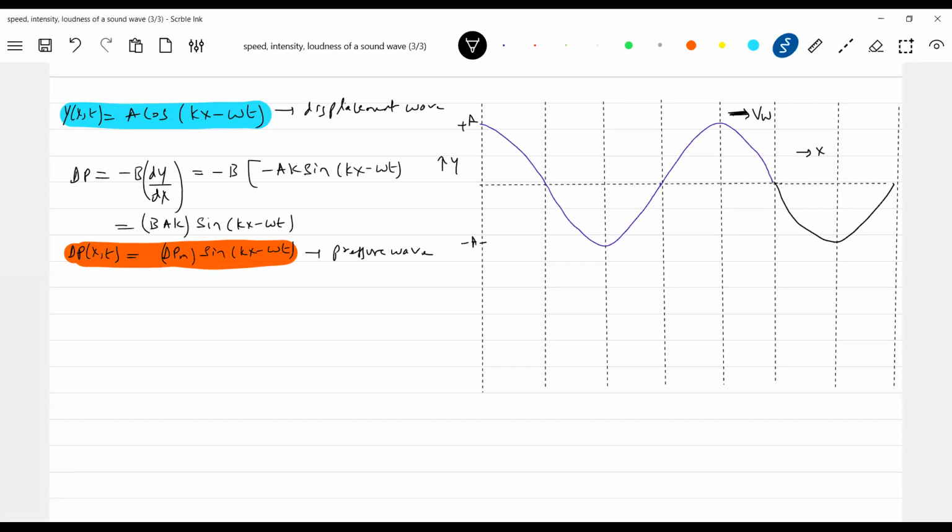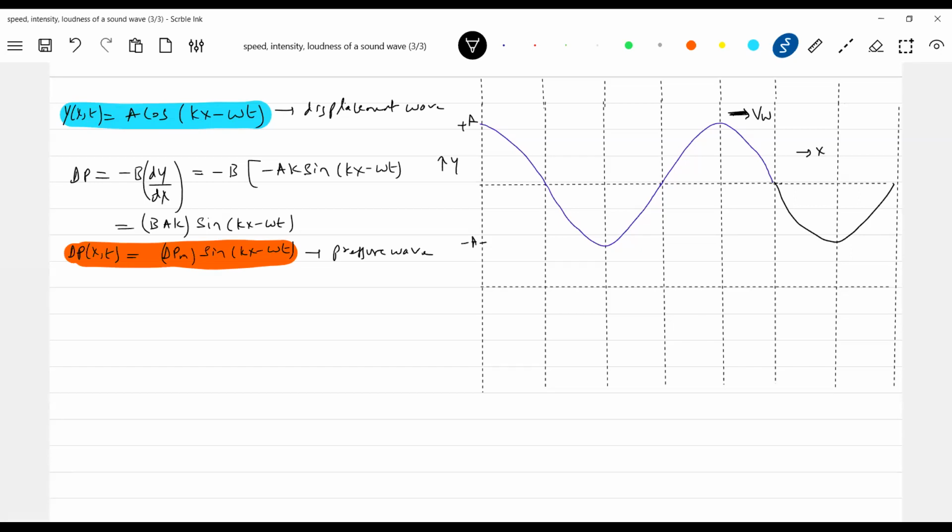Now, when there is no wave propagation, the particles will be here, this one. We'll denote several particles and in what direction they will be moving. But where the particles are positioned, let me show it here. And now how to plot the pressure wave.